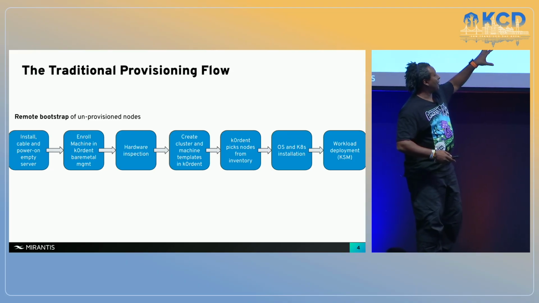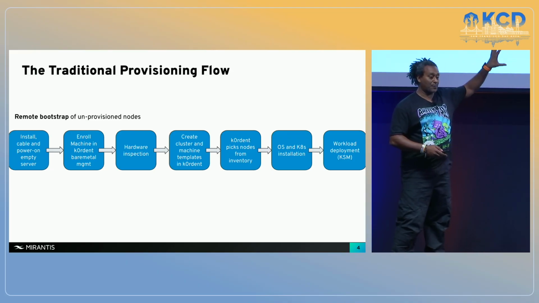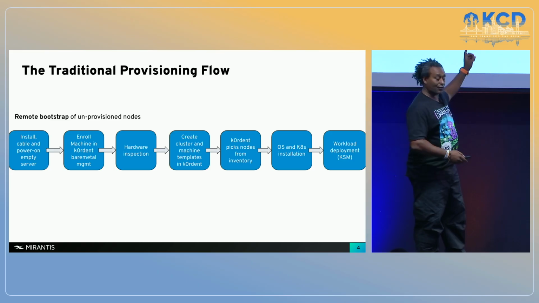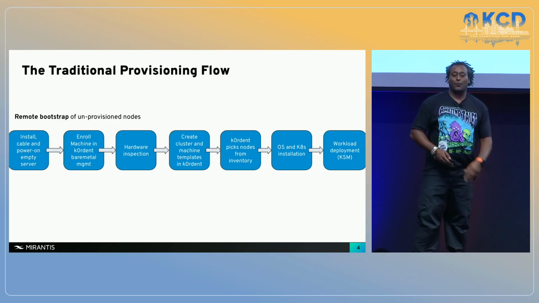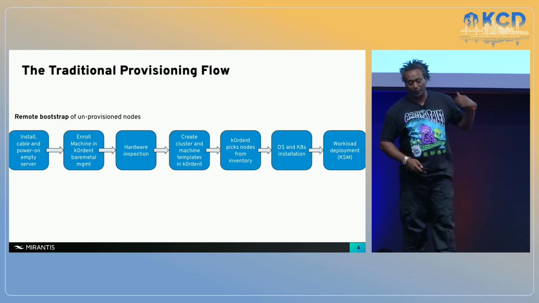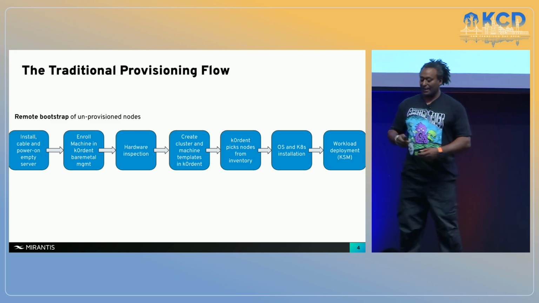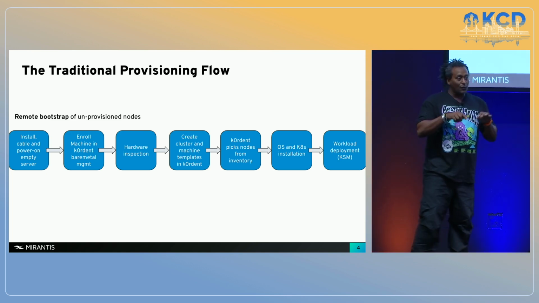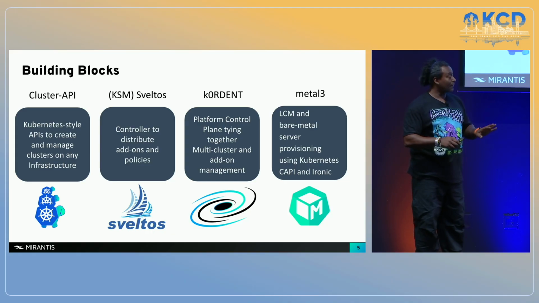We move forward. Cordant, in our case, and I'll explain what it is, will pick up the nodes from the inventory that we have generated after the hardware inspection. We deploy the operating system, we install Kubernetes, we hand it off for the workloads. Everybody is happy. How does that look when we double-click into it?